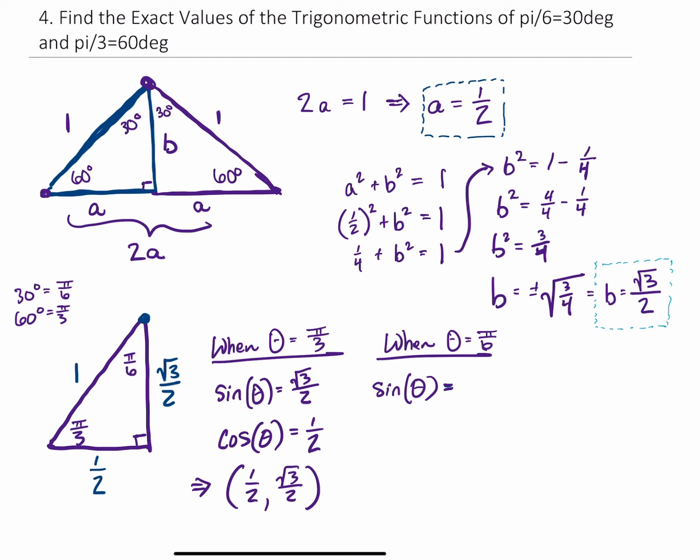So the sine of theta for pi over 6 is 1/2. And then the cosine is root 3 over 2, because that'll be the adjacent over the hypotenuse. So the points just flip. So this will be the coordinate point root 3 over 2, positive 1/2.